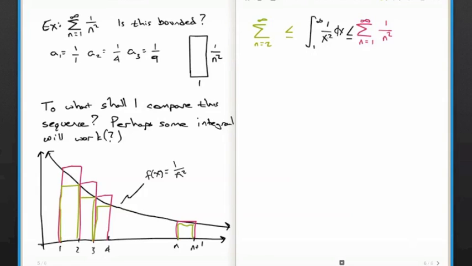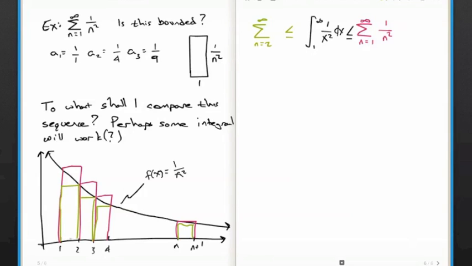Now, that becomes pretty useful because if I can prove that the integral converges, which is easy enough to do, we've done that in chapter 8, and that my integral is greater than the sum of these green rectangles, then I'm golden. Then I know that this sum converges. But you might ask, I'm not interested in the sum from 2 to infinity. I'm interested in the sum from 1 to infinity.